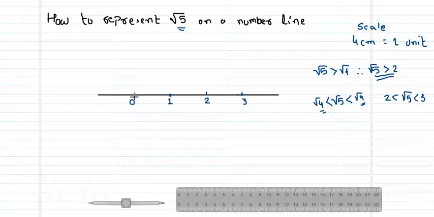As we know that root 2 is greater than 1 but less than 2, so root 2 was in between 1 and 2. Now root 5 is in between 2 and 3. This is just the explanation of how to choose the side, the base of a triangle, right?